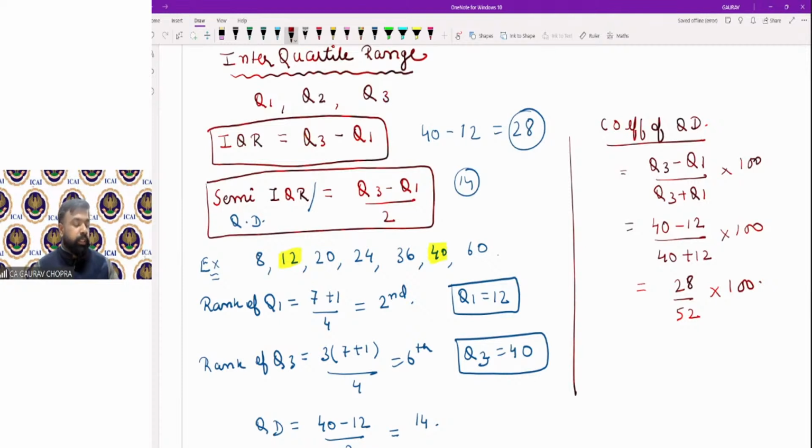तो फटाफट से आंसर कैलकुलेट कर लें एंड बता दें क्या रिजल्ट आ रहा है. For coefficient of quartile deviation, what is the final result?